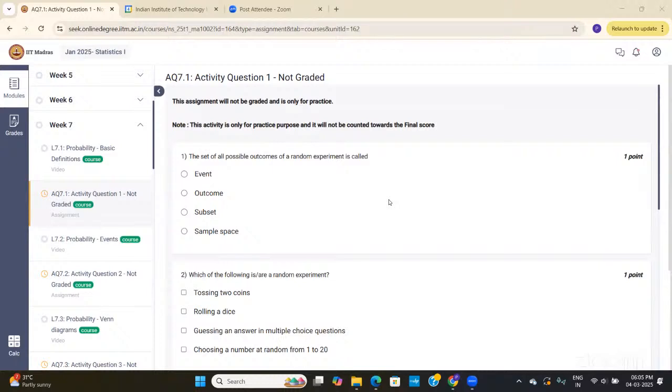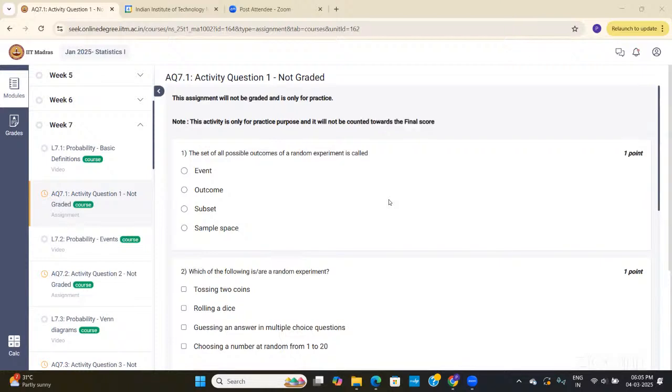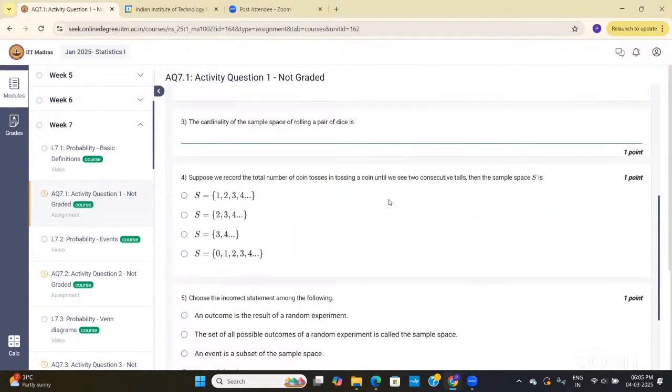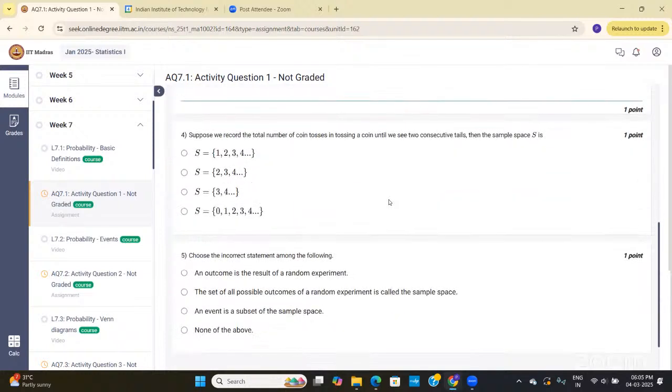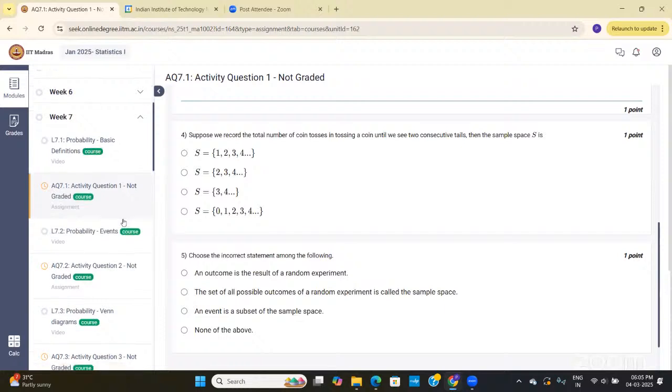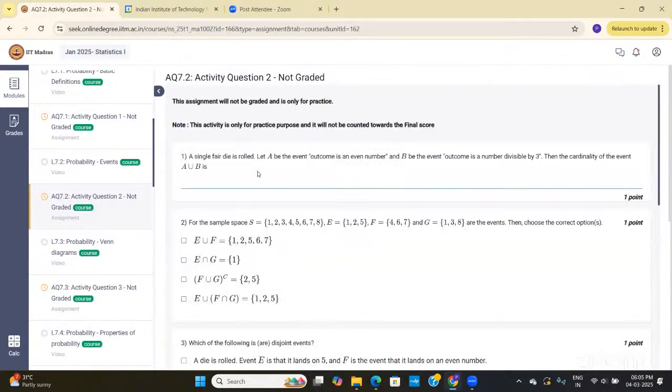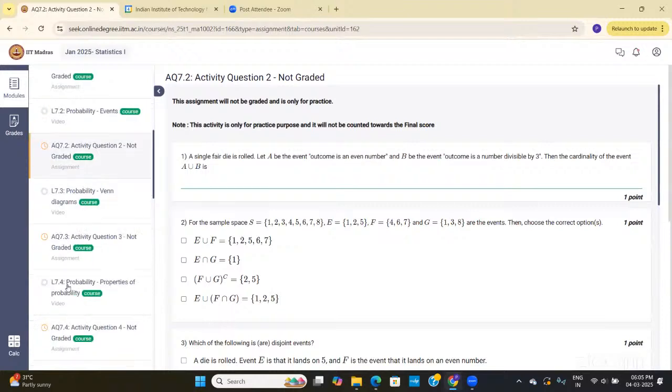Any questions on this activity? Okay, then from 7.2, any question? From any other activity? Any other question?